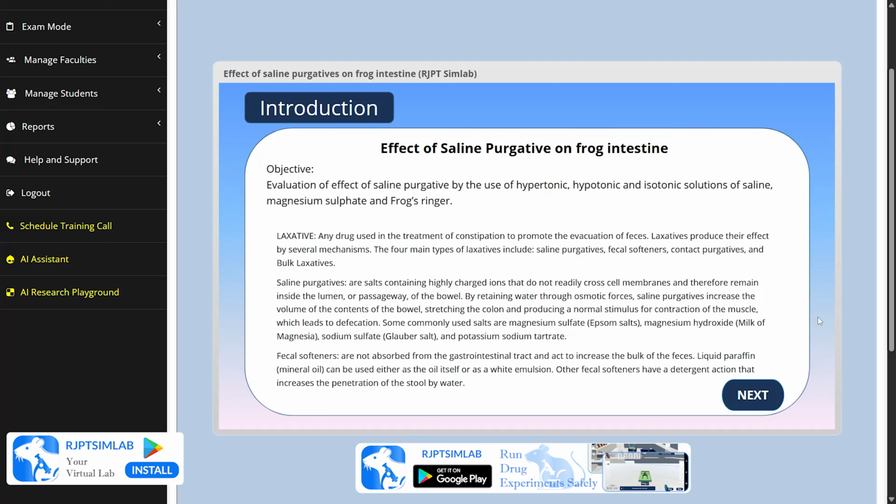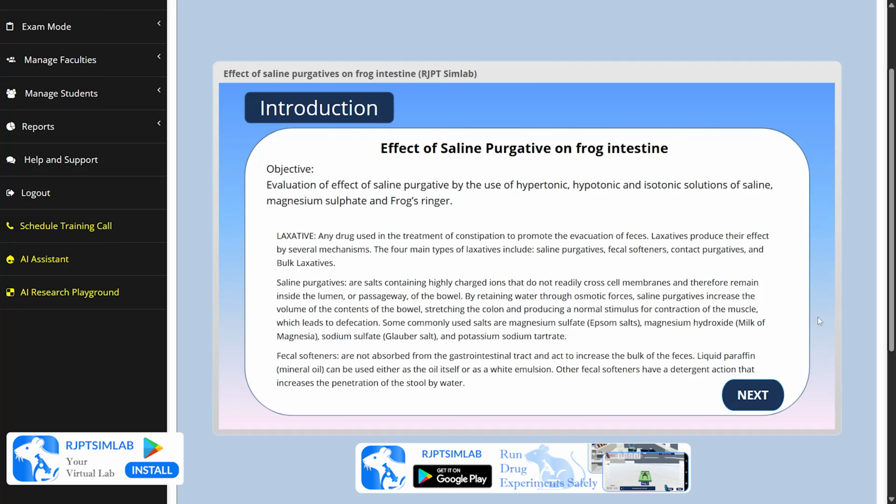The statement says that it is any drug used in the treatment of constipation, when the removal of feces is not happening. It happens due to loss of water, when the water content is less in the body, when the body is dehydrated, so the movement of the feces is not good.